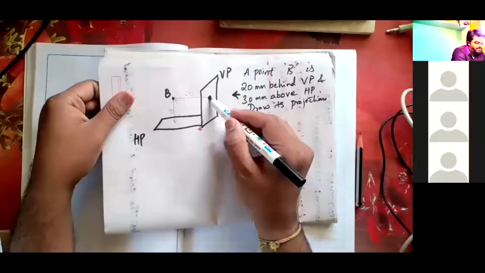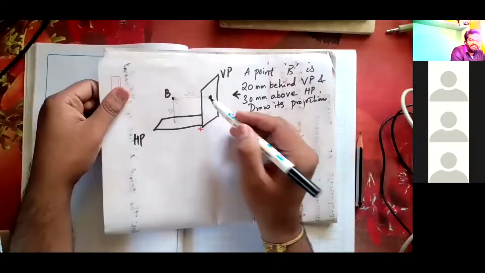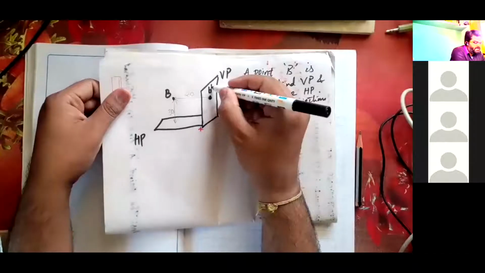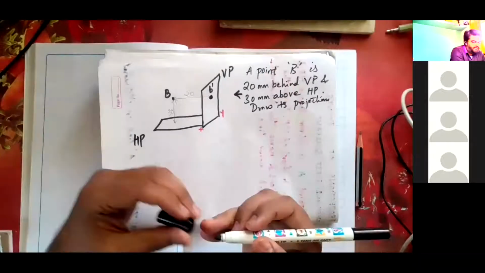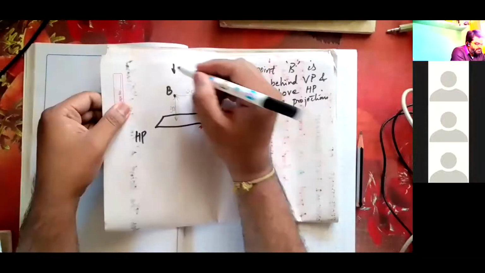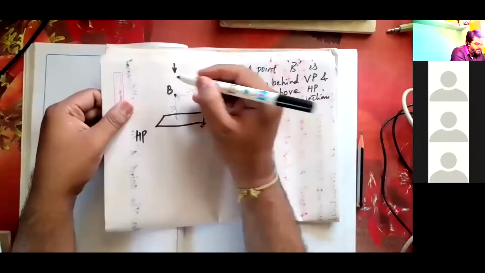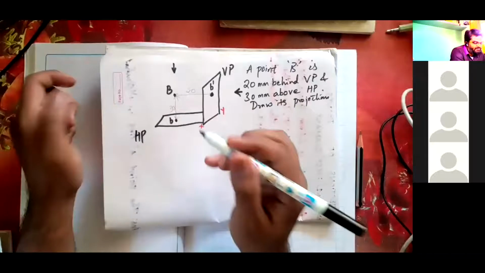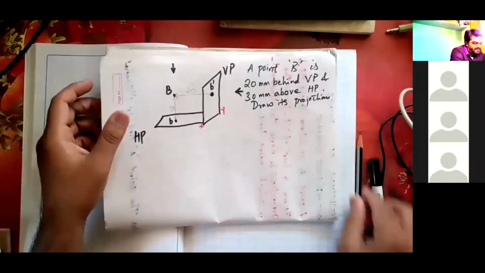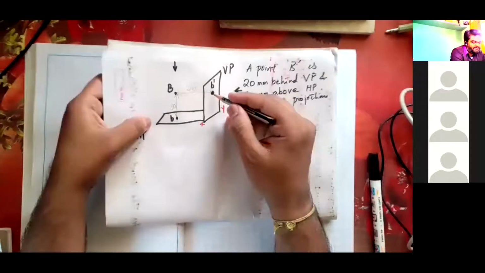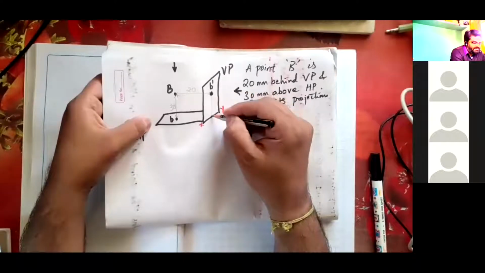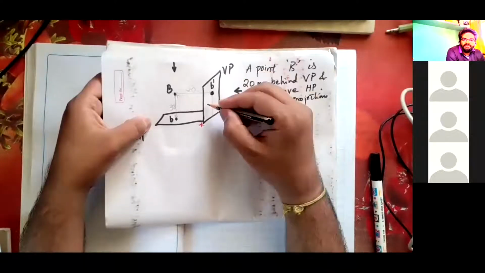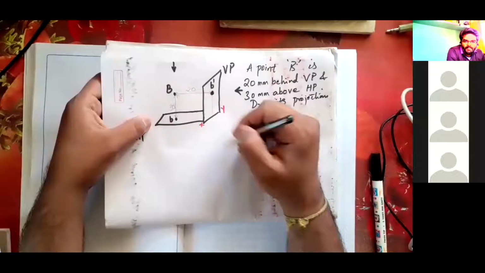I'll name it small b with a dash, which is called the front view. Similarly, the object is seen from the top and I represent its top view, named as b. What is the distance of b dash from the XY line? What is this distance of the front view from the XY line?